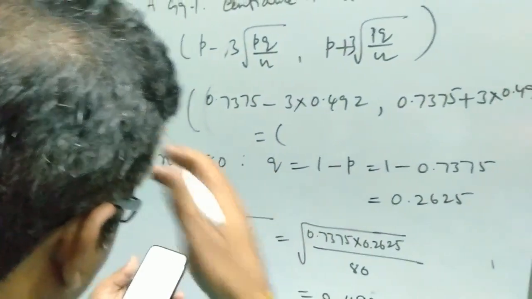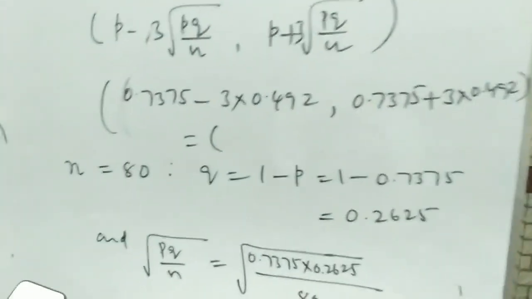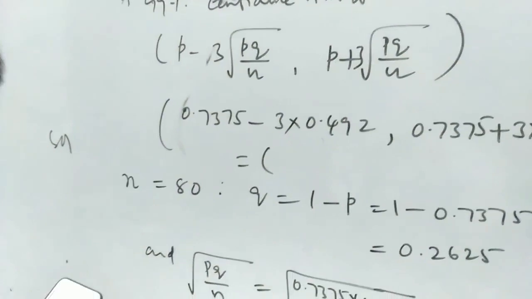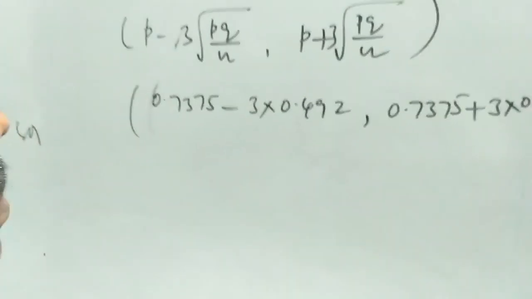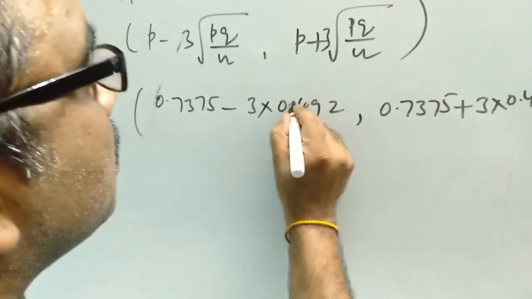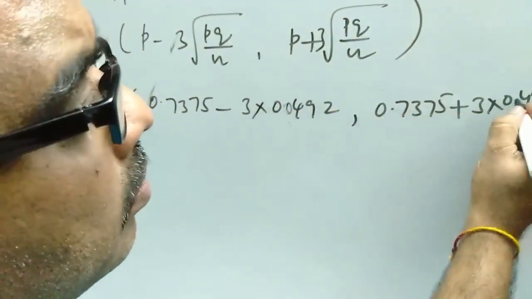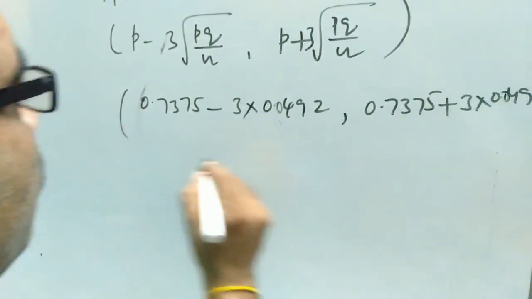Approximately, using the calculator, this is 0.0492, this is 0.0492.